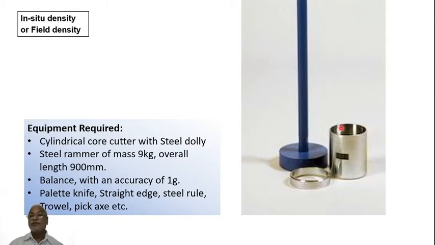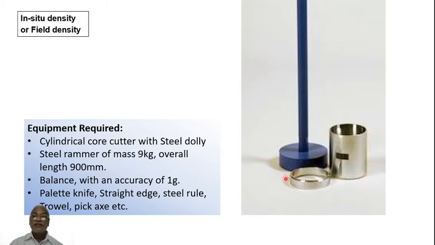Here there is a photograph which shows a cylindrical core. The core is nothing but a piece of pipe cut nicely with a beveled edge, so that it can easily penetrate into soil.